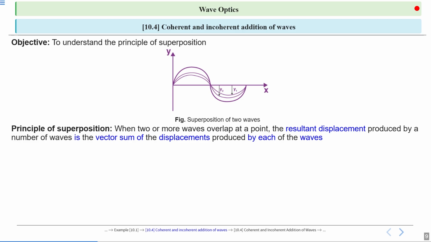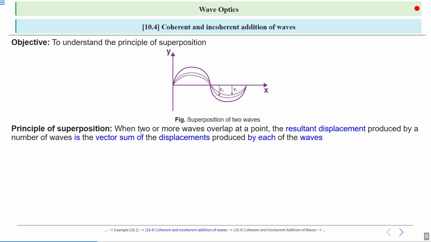You can see one more wave. This is the resultant wave due to the superposition of these two waves. The resultant displacement of this wave is equal to the vector sum of the displacements produced by each of the waves. Why are we taking the vector sum?